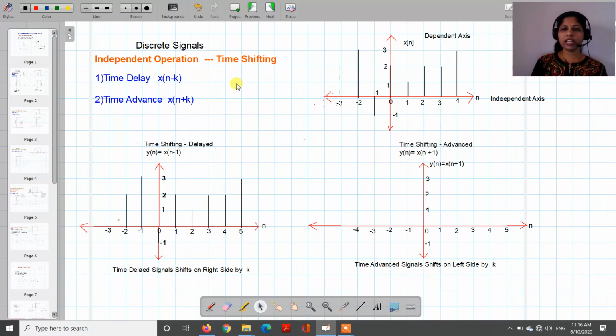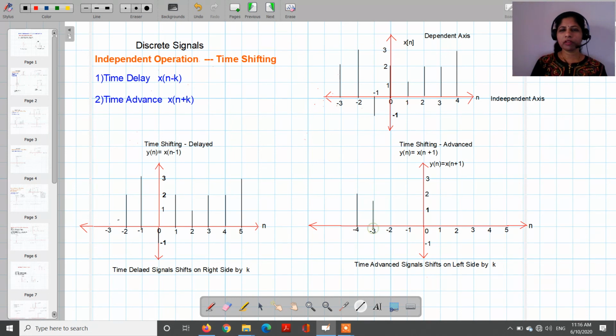Now we are shifting this signal to the left side by how many samples? By 1, because it is given x of n plus 1. So the sample at minus 3, with amplitude 2, comes at minus 4 with amplitude 2.